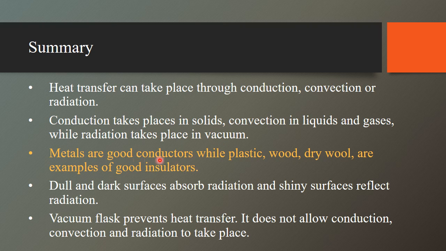Metals are good conductors, while plastic, wood, dry wool are examples of good insulators. Dull and dark surfaces absorb radiation, and shiny surfaces reflect radiation. A vacuum flask prevents heat transfer. It does not allow conduction, convection, and radiation to take place.